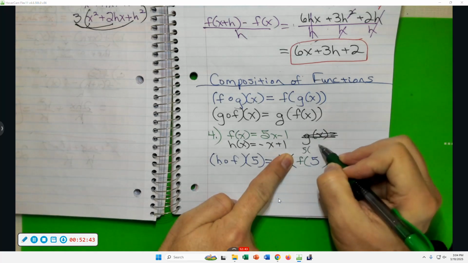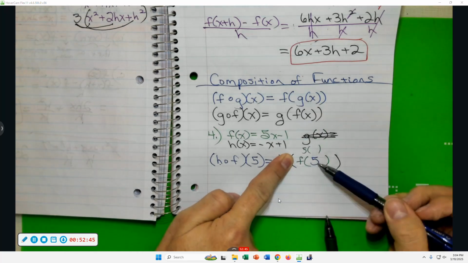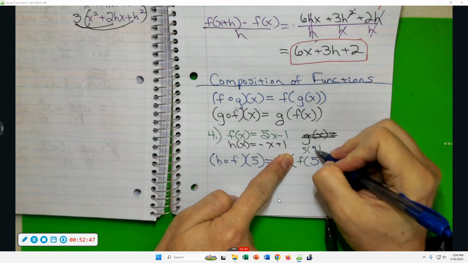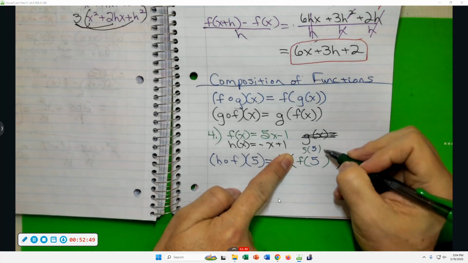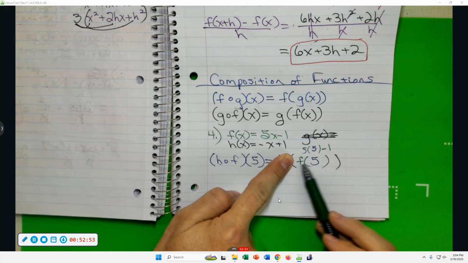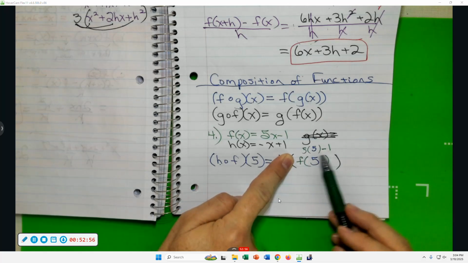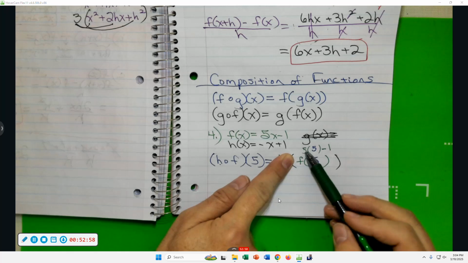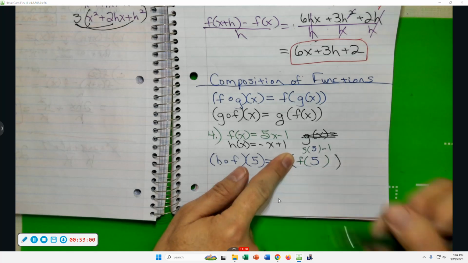You're going to replace that x with the blue 5 minus 1. We're just working on the inside. What's f of 5? 25 minus 1 is 24.